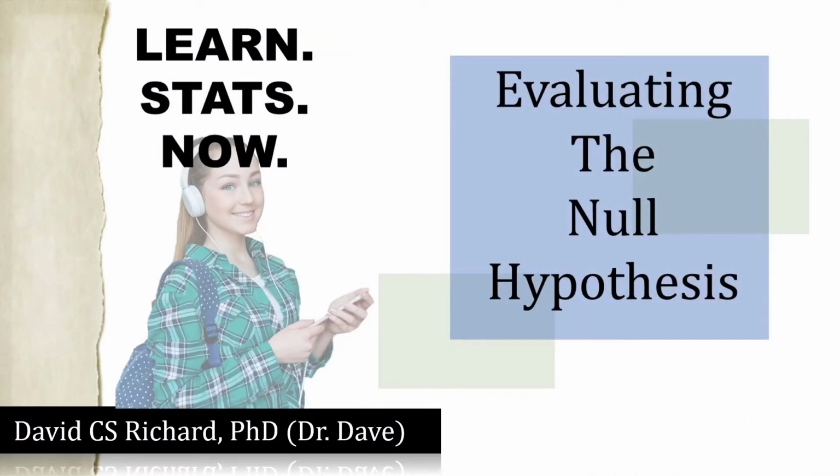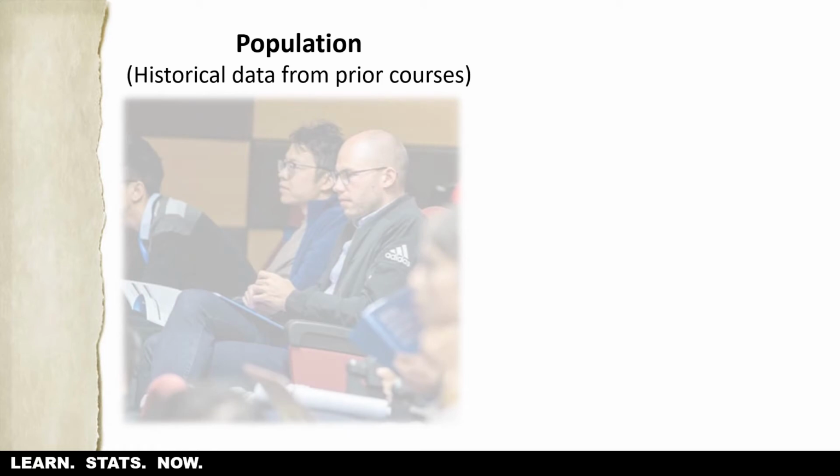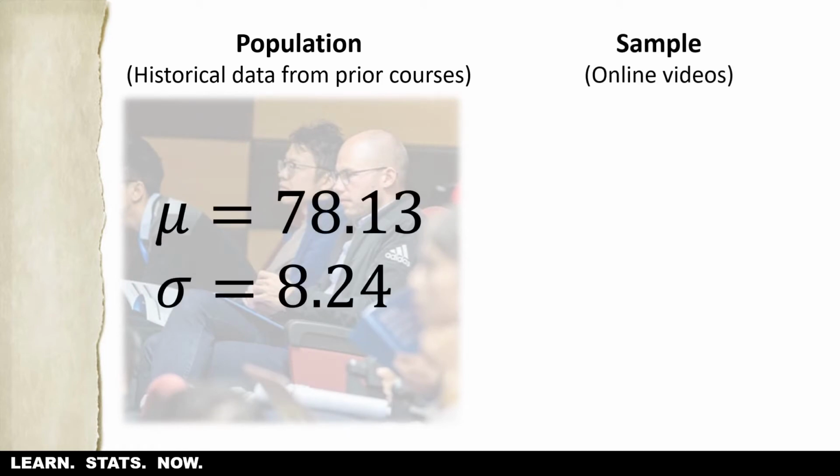All right, in this video, we're going to learn how to evaluate the null hypothesis. And we're going to use an example from prior videos in which we're comparing test performance on exams in traditional classes in statistics versus classes that utilized online videos.